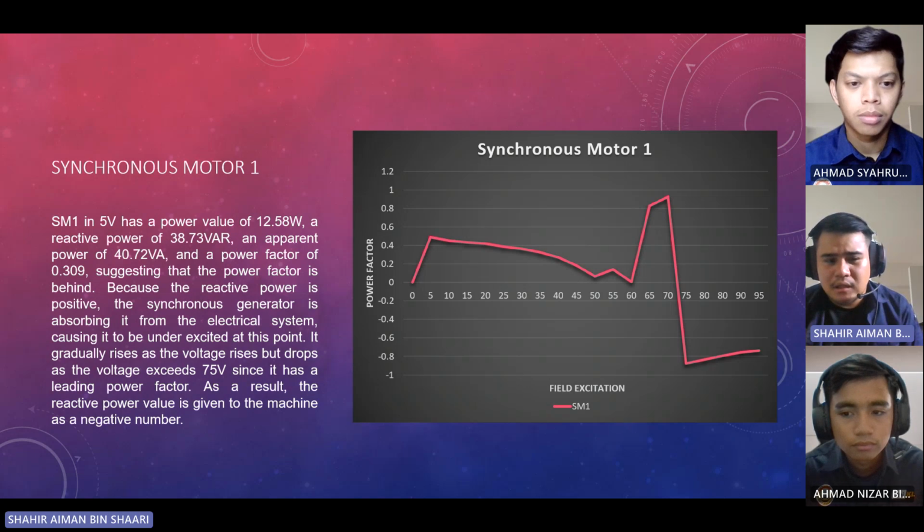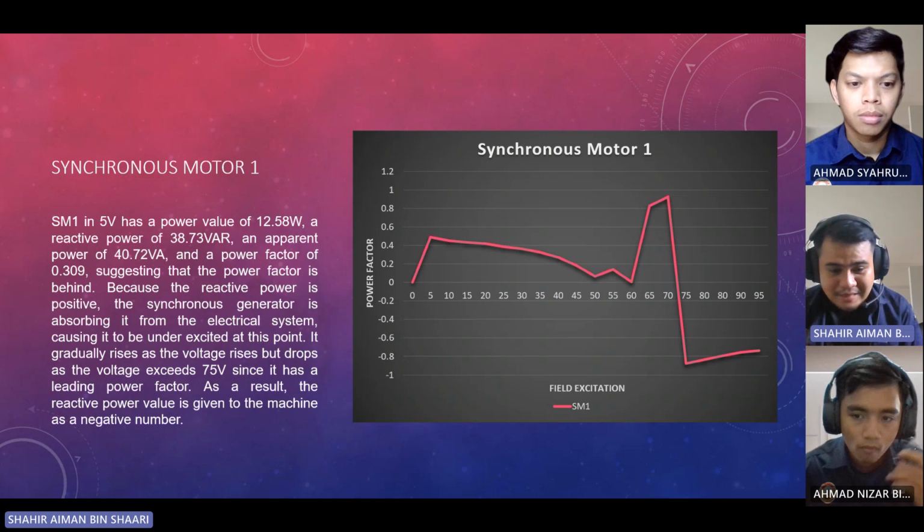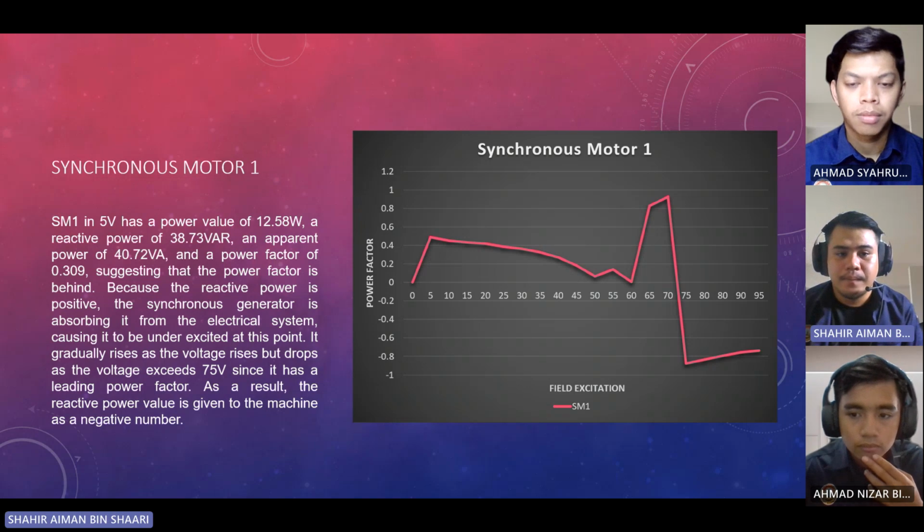The synchronous machine is absorbing it from the electrical system, causing it to be under excited at this point. It gradually rises as the voltage rises, but drops as the voltage exceeds 75 volt, since it has a leading power factor. As a result, the reactive power value is given to the machine as a negative number.